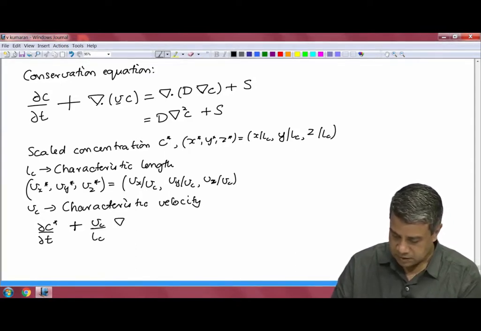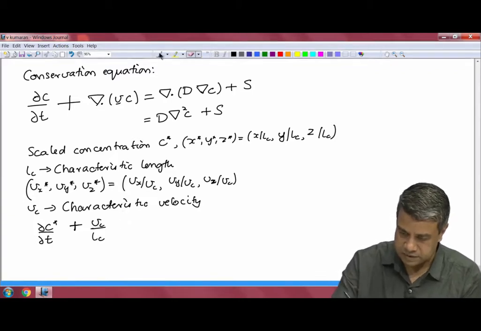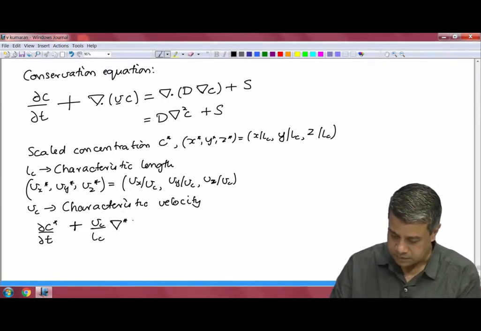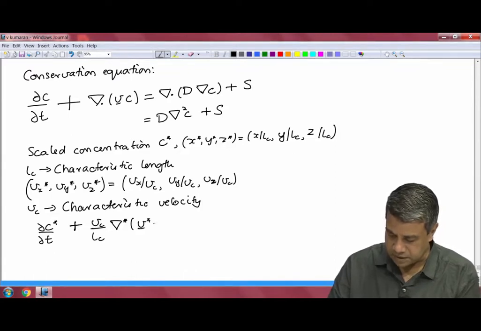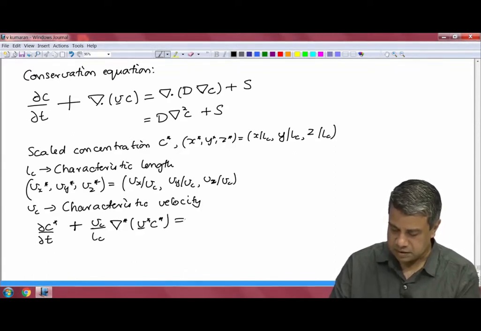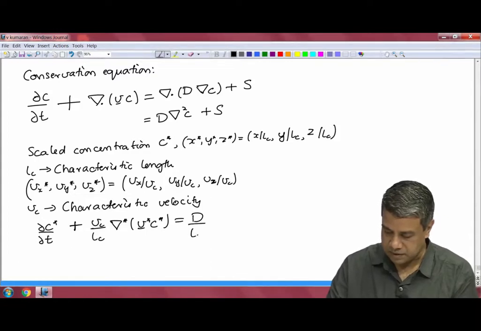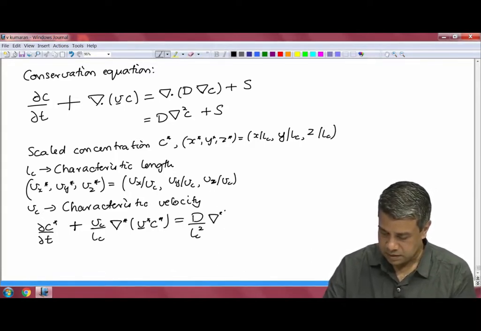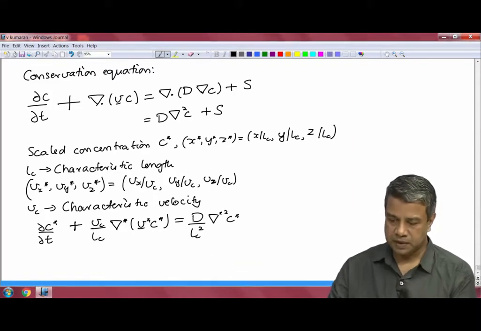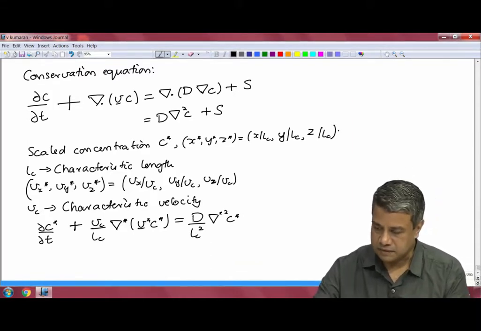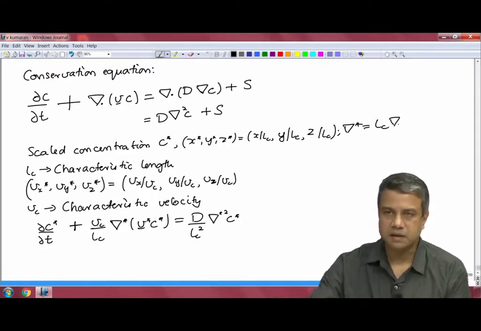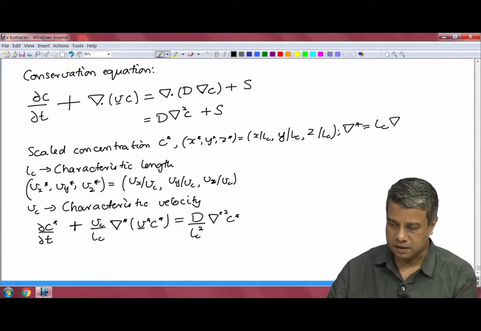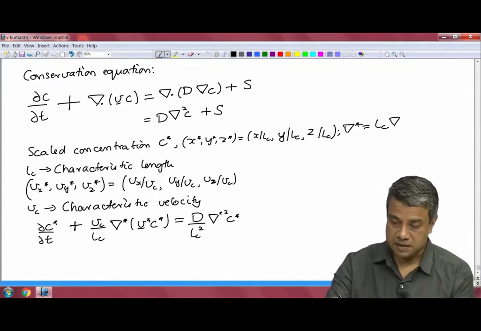the scaled divergence of the scaled velocity times C is equal to the diffusion coefficient by LC square times the scaled Laplacian, where the scaled gradient del star is defined as LC times the gradient.